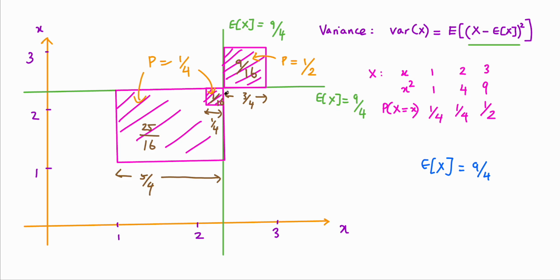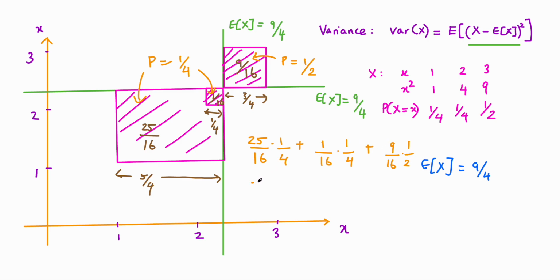So we want to find the areas of the three squares, 25/16, weighted by their probabilities. So 25/16 times 1/4, plus 1/16 times 1/4, plus 9/16 times 1/2, right? Okay, so 1/2 is 2/4.